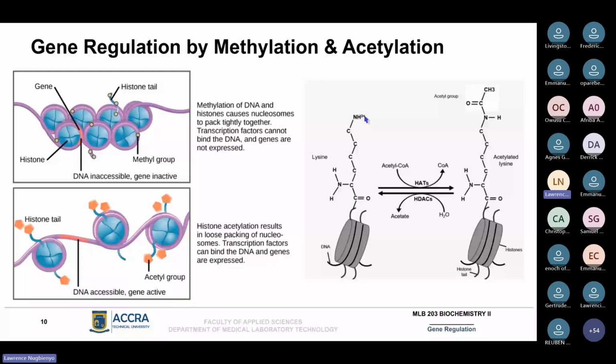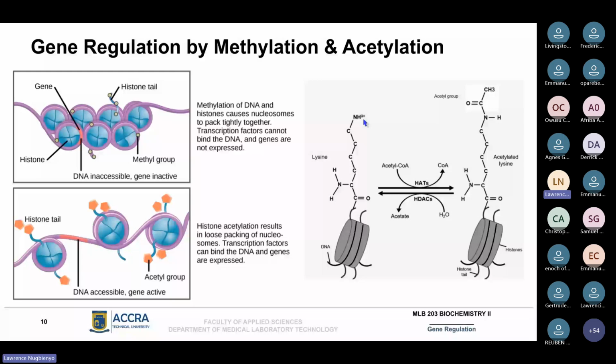So what it means is that you have lysine present in the histone proteins carrying a positive charge, and the DNA molecule carrying a negative charge on the phosphate group.